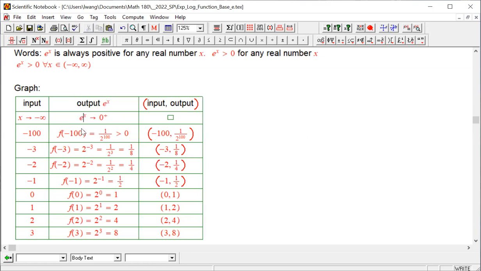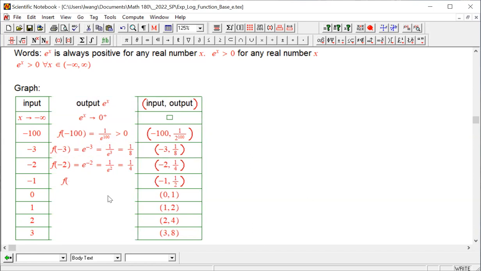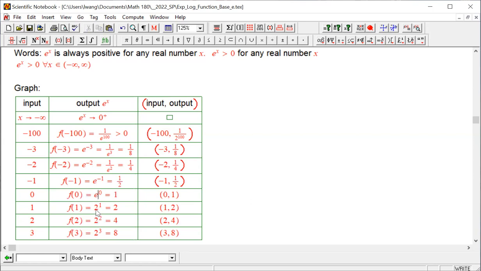So all these bases are going to be changed to e, because the rule of the function has been changed. The base has changed, so as a result, of course, the answer has changed.